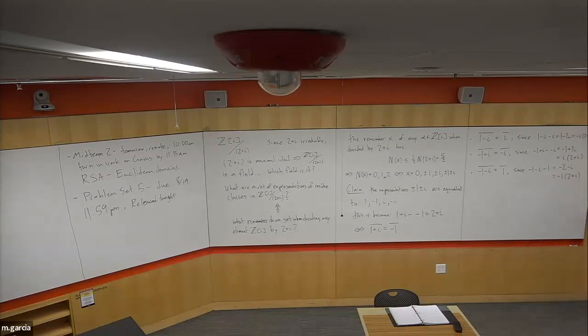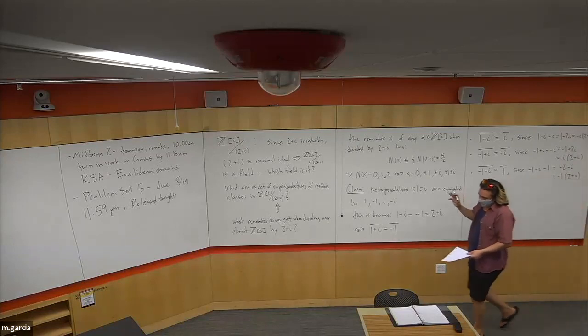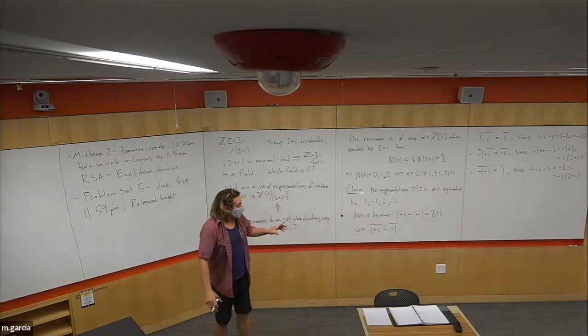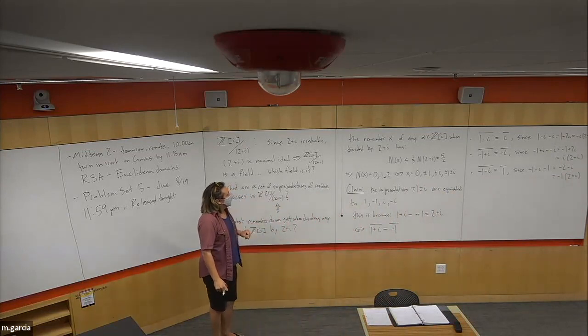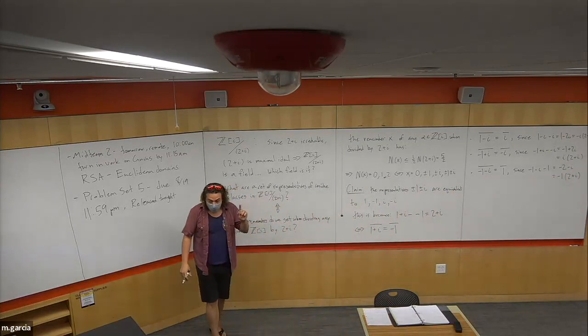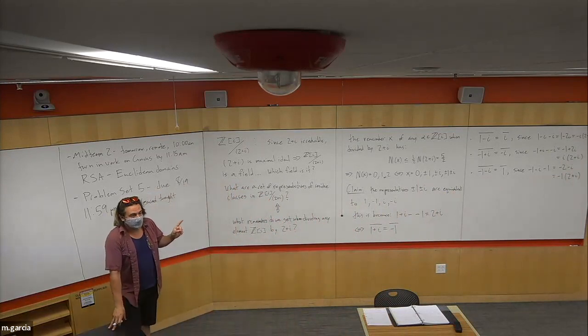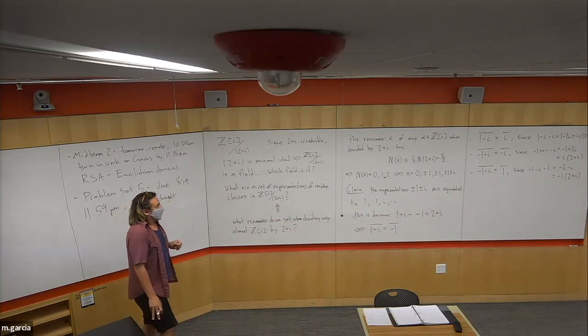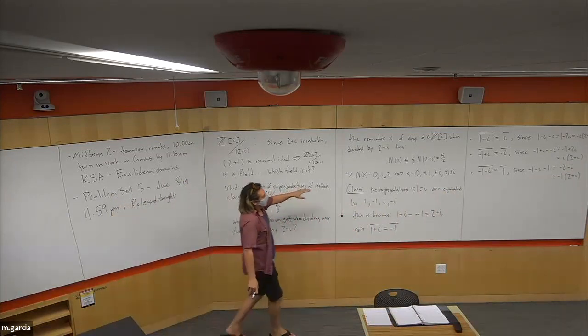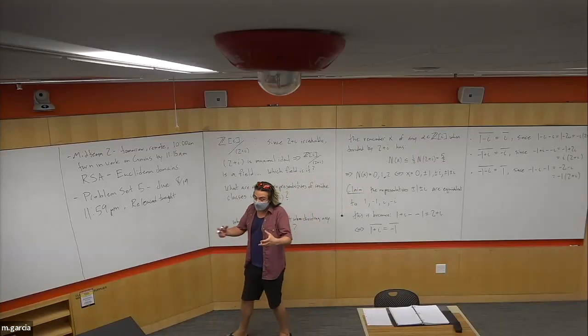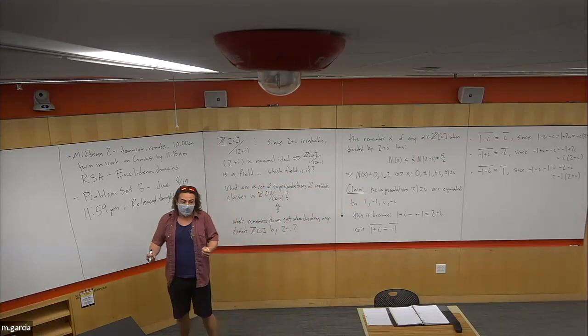Okay, so the lesson here is that when you're trying to determine which field you get when you mod Z[i] by some maximal ideal, then you can use the norm to determine what the possible values of the norms of the remainders can be.